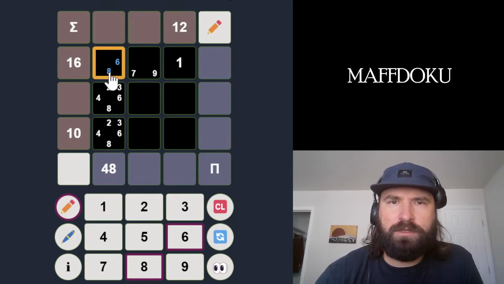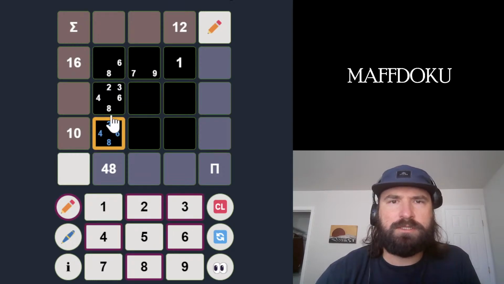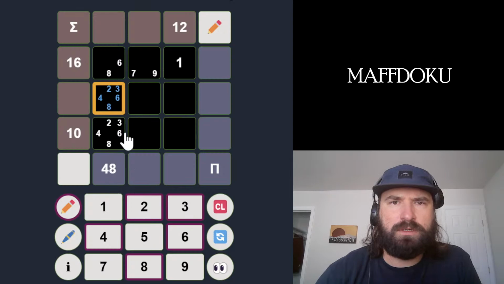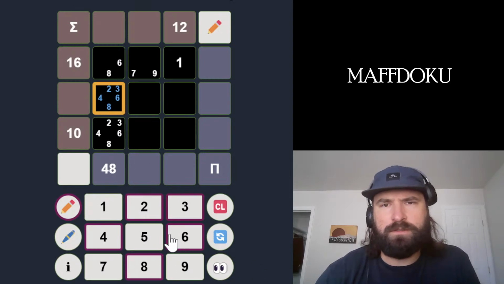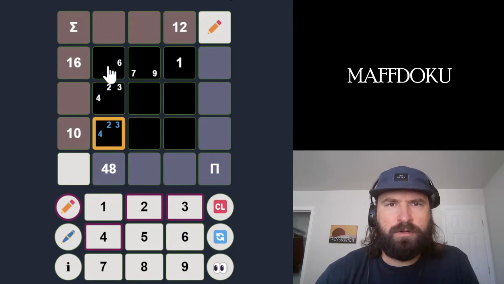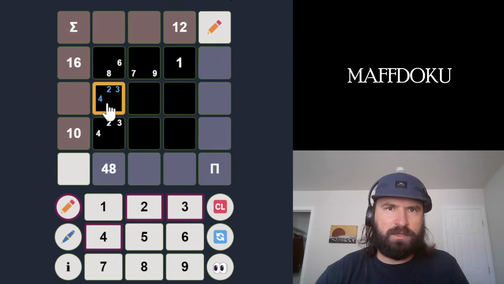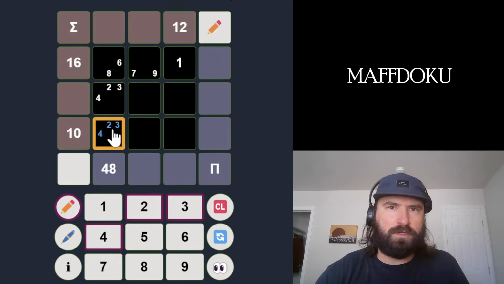And there's either an 8 or a 6, and then it's either 2, 4, or 2, 3. So these can't be 6 or 8, which is also interesting because the bigger number for the product is going to come from this. It's either 6 or 8, and then we do 2, 4, or 2, 3, depending on what these are.